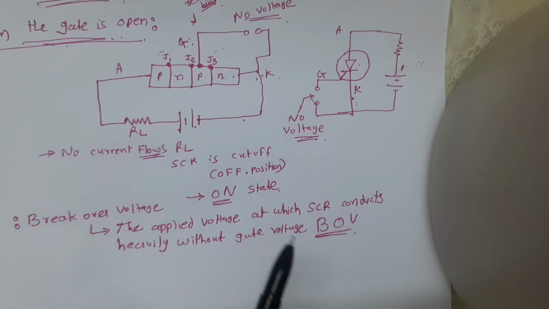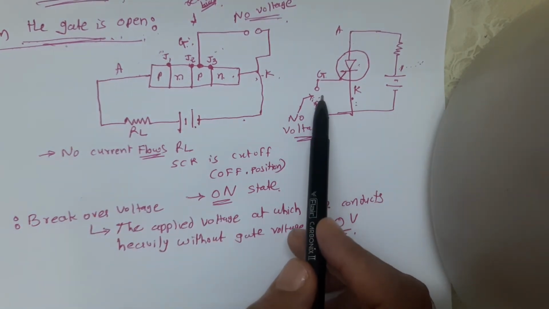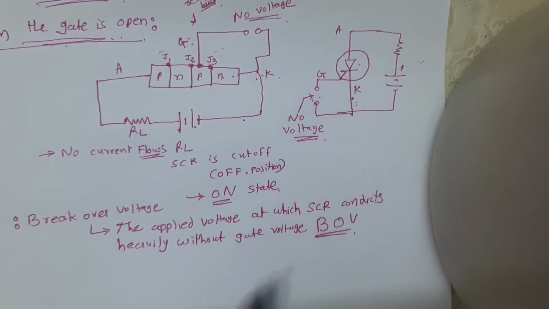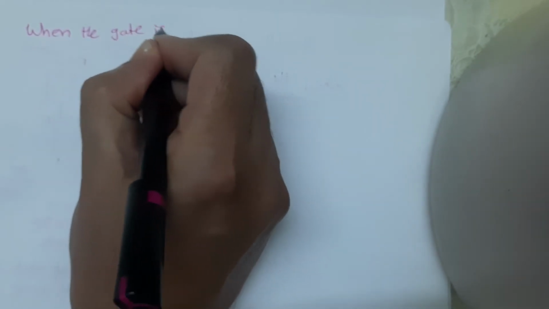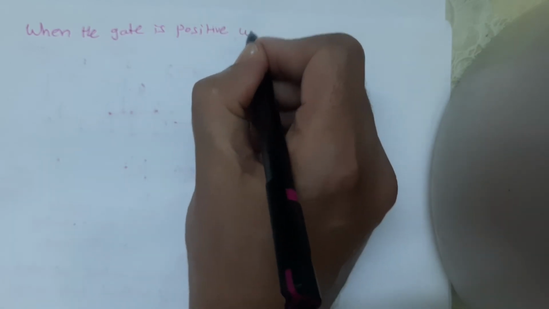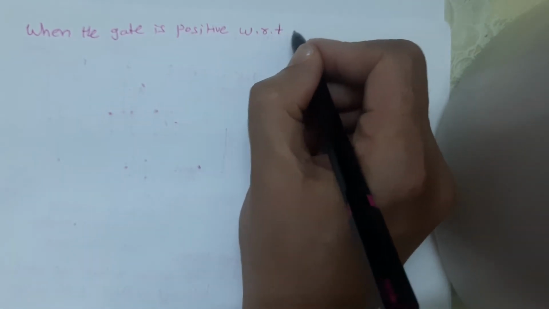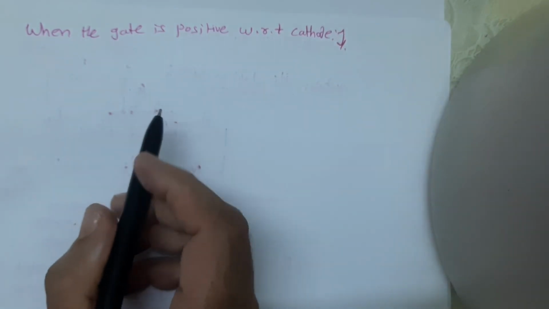Now the second condition: when the gate is positive with respect to the cathode. What happens in this condition? See the diagram.